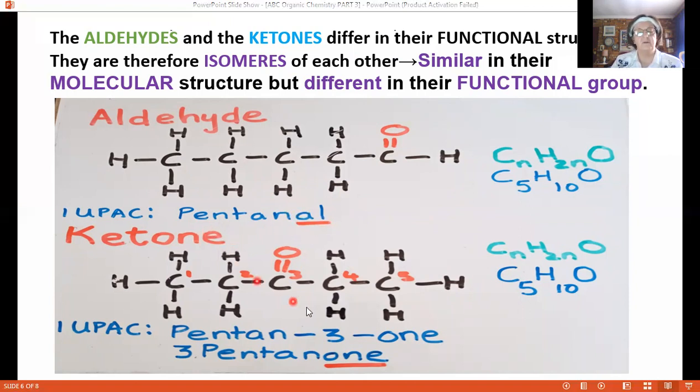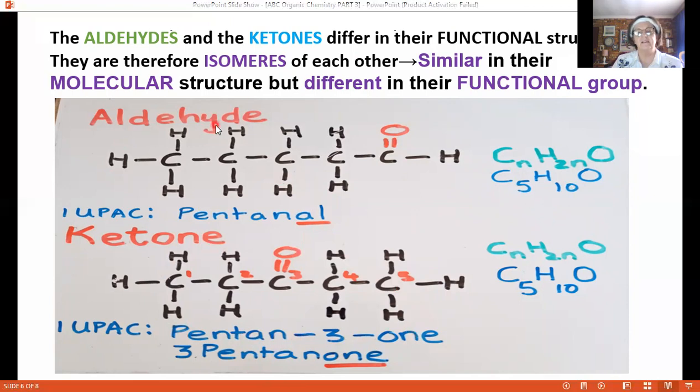The ketone, where the suffix is -one, and specifically here, it can be from left to right or right to left. The double bond oxygen will be on carbon number 3. So it's pentan-3-one or 3-pentanone. So here's a very good example of isomers. We have the same molecular formulae, the same general formula, but the functional groups are different.